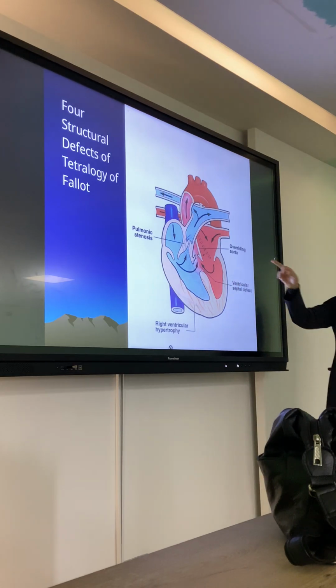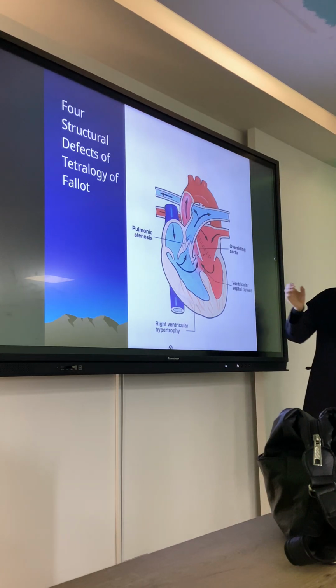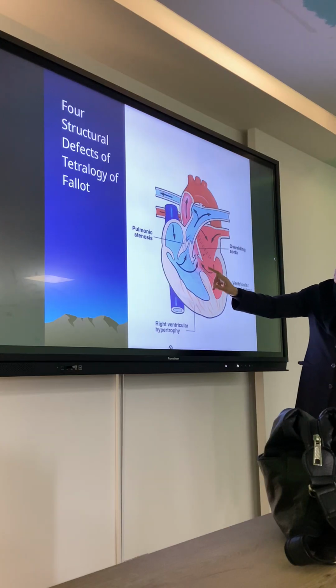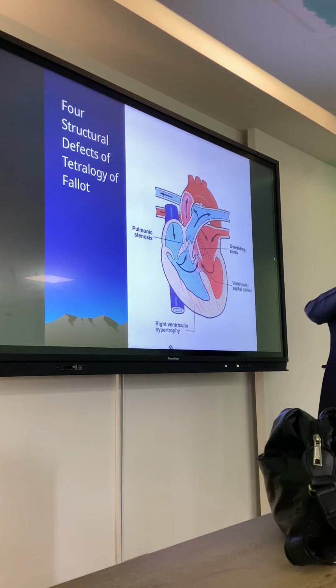Number 4, overriding aorta. Overriding of aorta means the aorta's place is over the VSD place. Do you find it? This is a cyanotic disease of the heart.